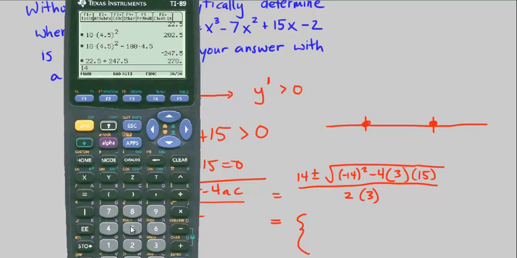So 14 plus the square root of negative 14 squared minus 4 times 3 times 15. I'm going to put this all over 2a, so I put the whole thing in parentheses in the numerator. Otherwise, I'm just dividing the last part of the expression. Divided by 2 times 3, and I'm putting the 2 times 3 in parentheses as well.